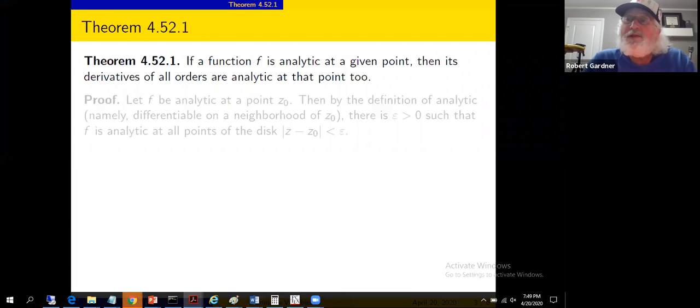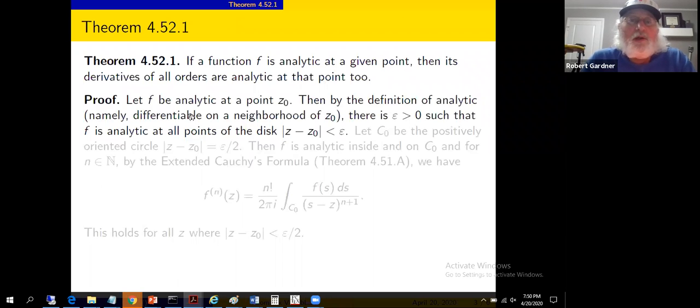So the statement is, analytic at a point, or differentiable in a neighborhood of a point, implies all derivatives of all orders exist. Okay, so let f be analytic at z sub 0. We're not going to really do an epsilon proof here.